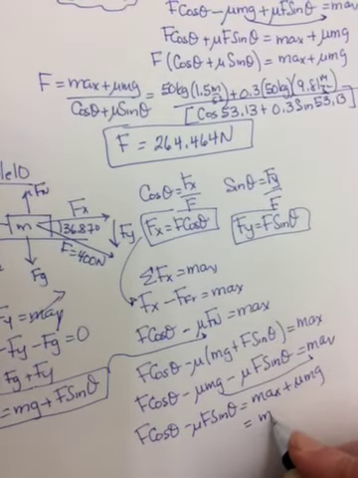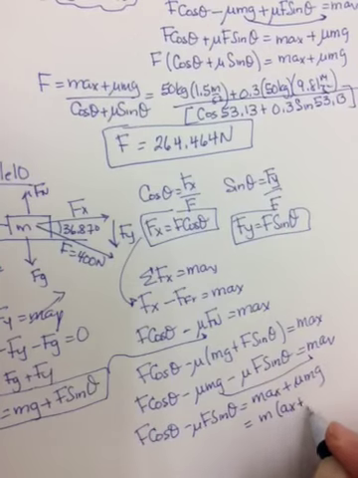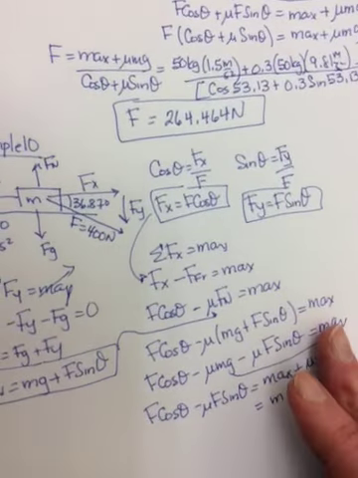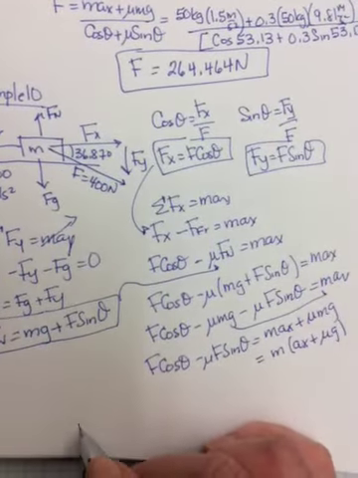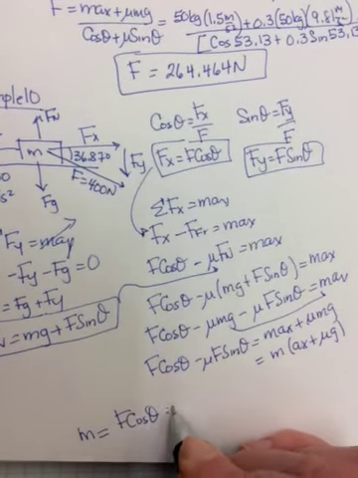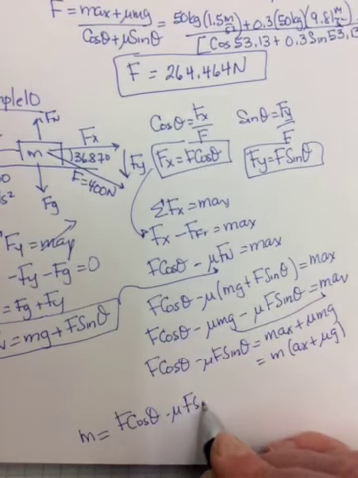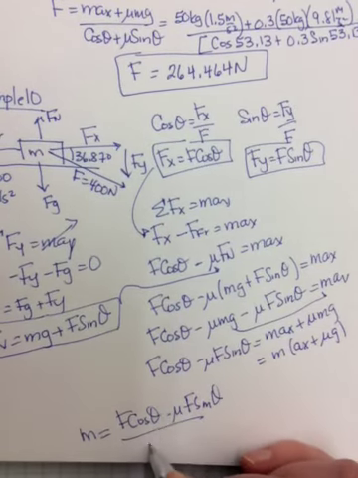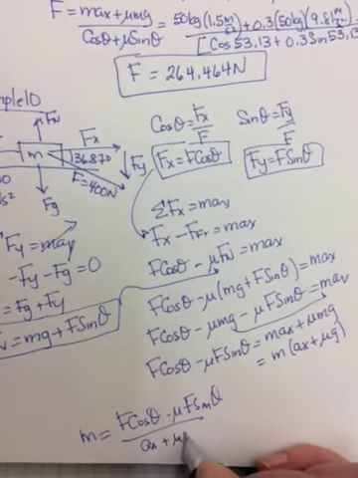So pull the m out of this side, ax plus mu g, and then divide by the bracket. So you'll have m is equal to F cos theta minus mu F sine theta, and then you're going to divide by ax plus mu g.